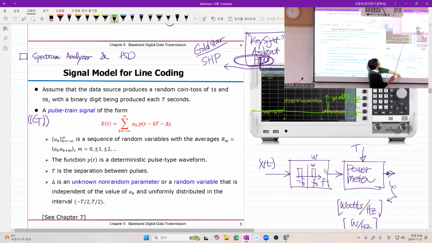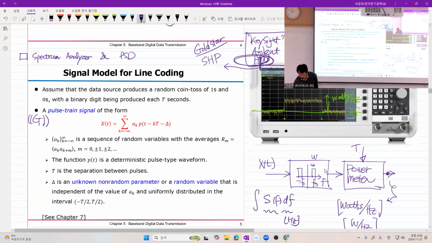Got it? So watts per hertz times hertz, right? So this in hertz and this in watts per hertz, then you have watts, which is power. Got it?